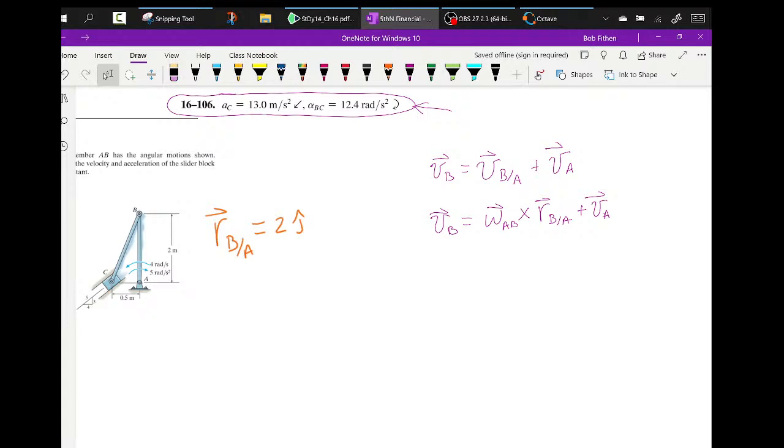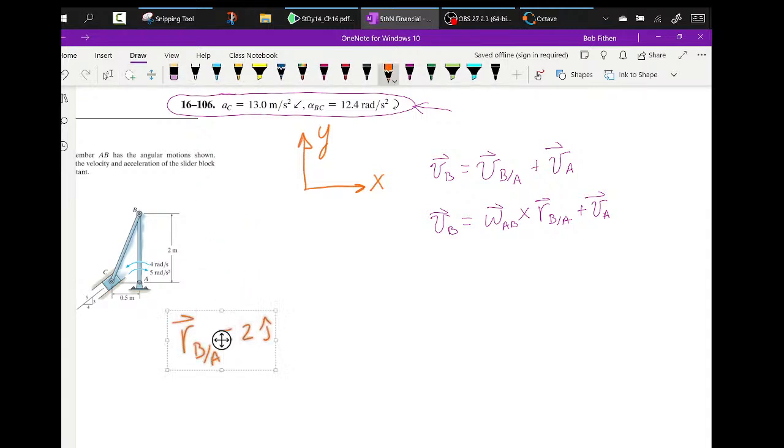Now we have to realize, whatever it is, this is X, this is Y, and a positive rotation is this way. So therefore, I would conclude AB is equal to plus 4K.